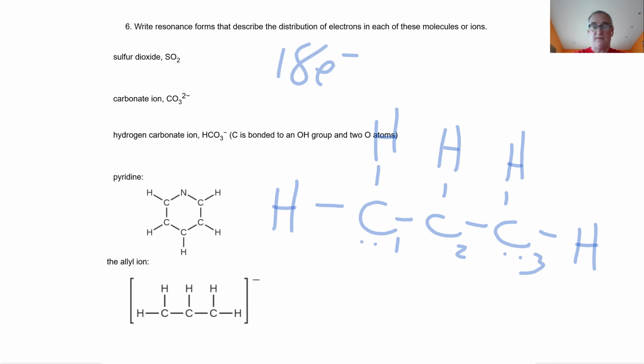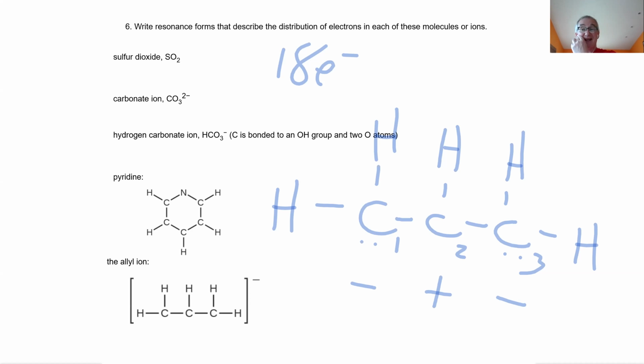Yeah, so they're fine as far as octet goes. What about valence electrons? 5. Yeah, these have 5. So there'd be a negative charge here and a negative charge here. What about the carbon in the middle? Only 3. There'd be a positive charge.